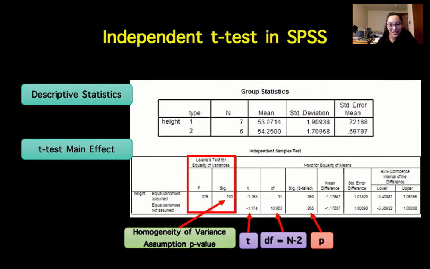I've broken you. No one's responding. I see a yes. I'll give you a hint. Let's say we were using an alpha, not a p. We're using an alpha level of 0.05.